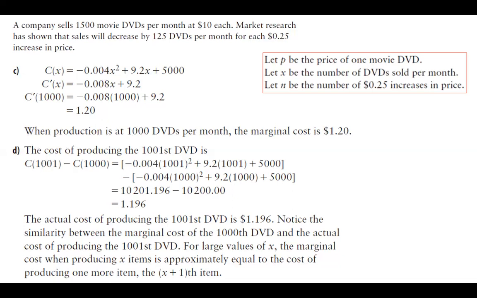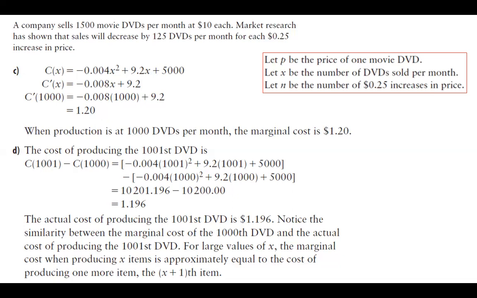So as you can see here, the actual cost of producing the 1,001st DVD is $1.196. Notice the similarity between the marginal cost of the 1,000th DVD and the actual cost of producing the 1,001st DVD. For large values of X, the marginal cost when producing X items is approximately equal to the cost of producing one more item, the X plus 1 item.